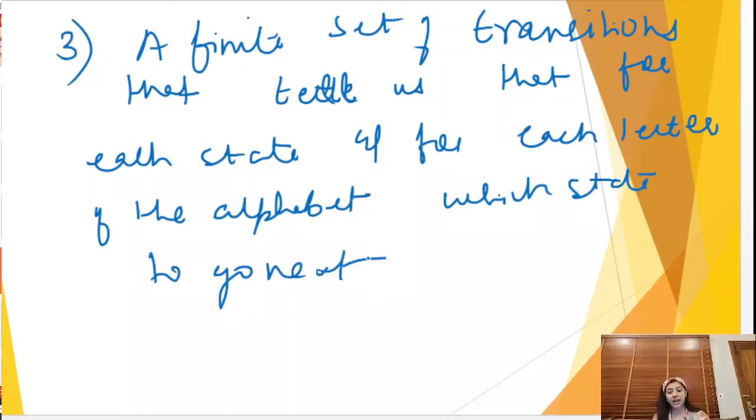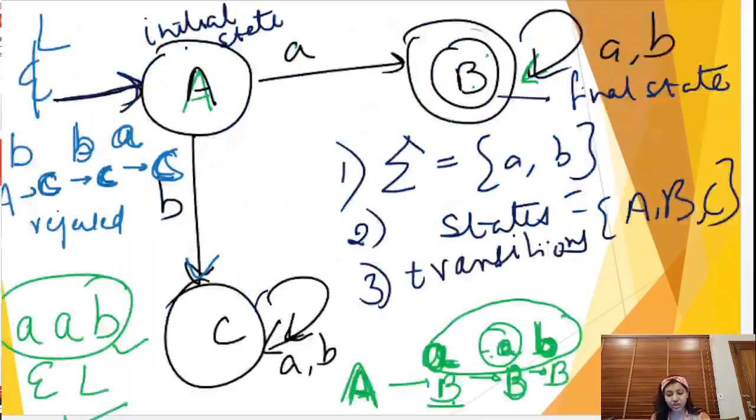So that is my transition. So transition basically tells you that if you are on state A and you receive symbol a, you go to state B. If you are on state B and you receive a or b, you remain in B only. If you are on state C and you receive a or b, you remain in state C only.